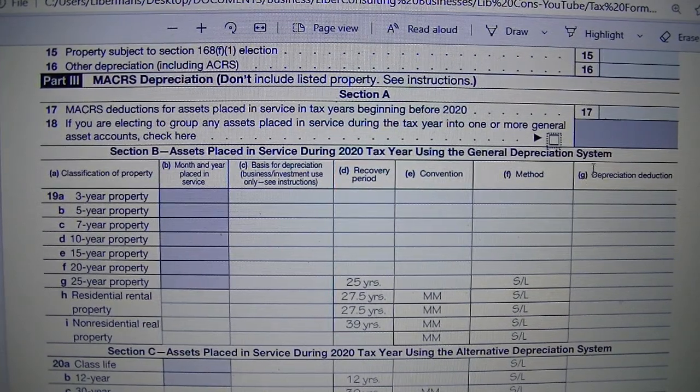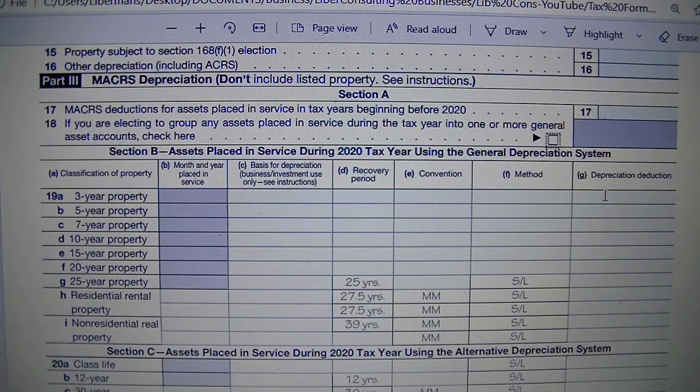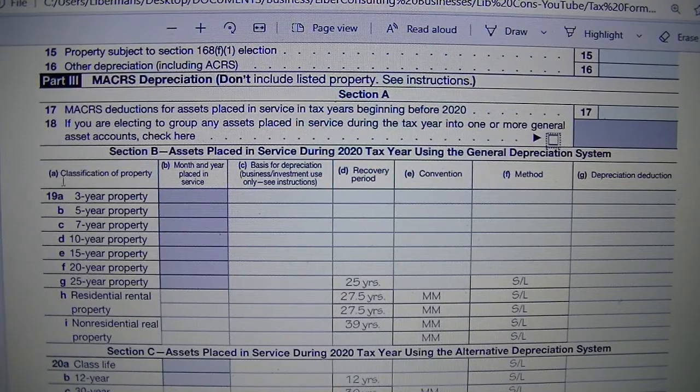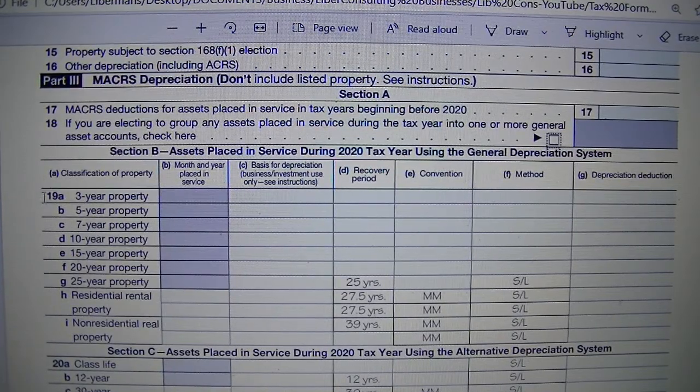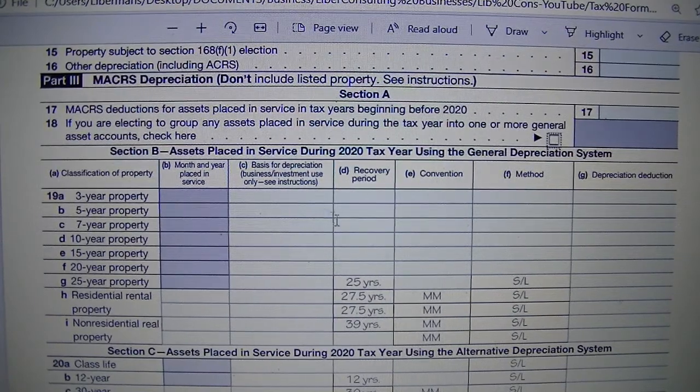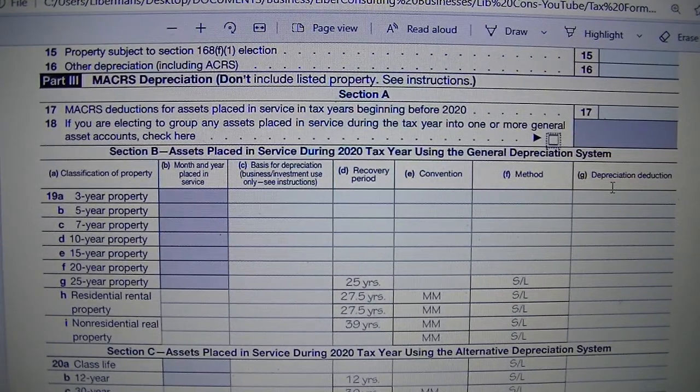G is depreciation deduction. Line 19A to line 19I is for the general depreciation system. But then you have every single column to complete.